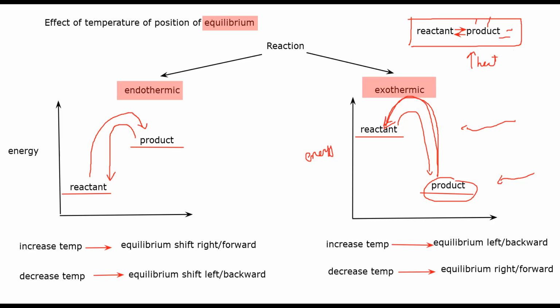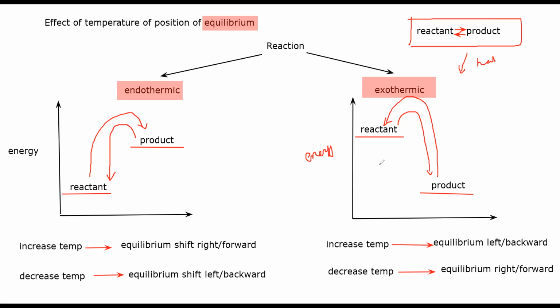Is it clear now? Yes, sir, but why, when we decrease temperature, does it form product? You're removing the energy. If I'm removing the energy, we have both reactant and product. So which substance has a greater amount of energy, reactant or product?